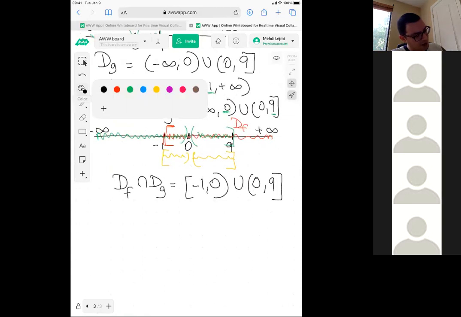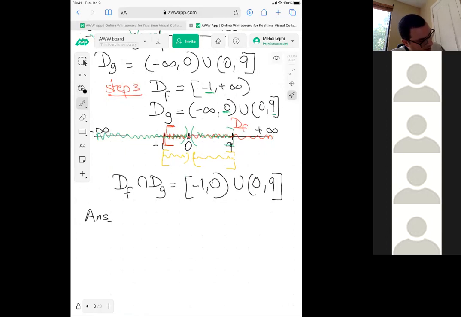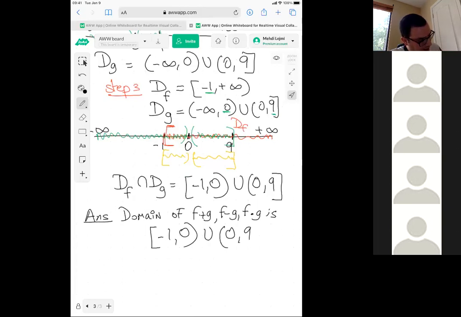Then we can answer at least the first part of the question. The domain of f plus g, f minus g, f times g will be the common domain. So it's -1, 0, 0 excluded, of course, 0, 9, 9 included.